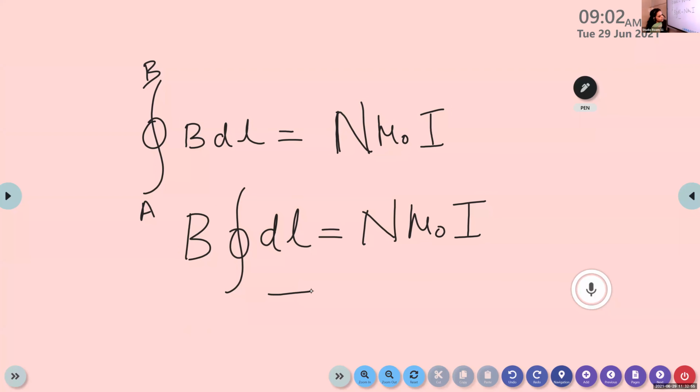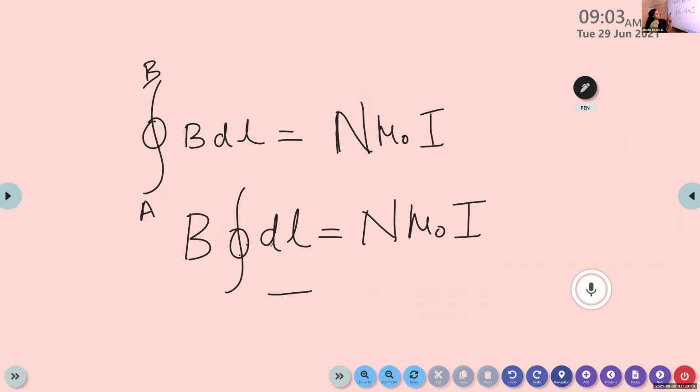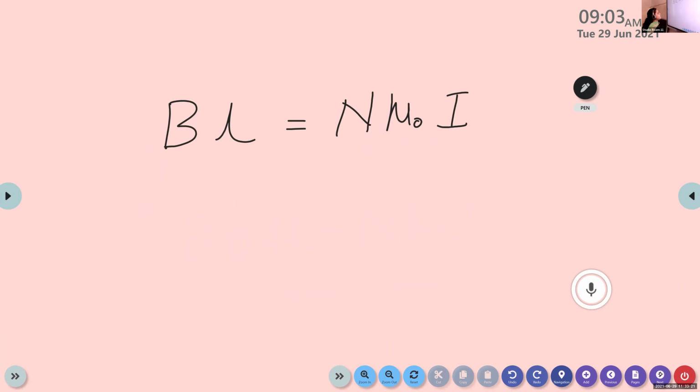So this equation becomes B into L is equal to n mu 0 I. The integral of the derivative of a function is that function itself; the integration and derivation cancel. So BL is equal to n into mu 0 I, where B is the magnetic field, L is the length of the solenoid, and n is the number of turns.